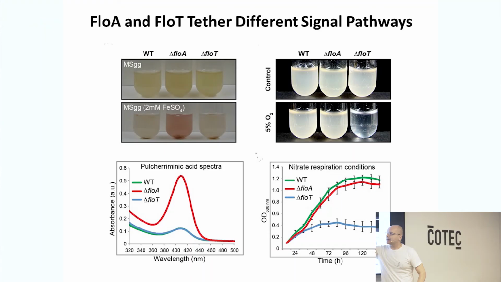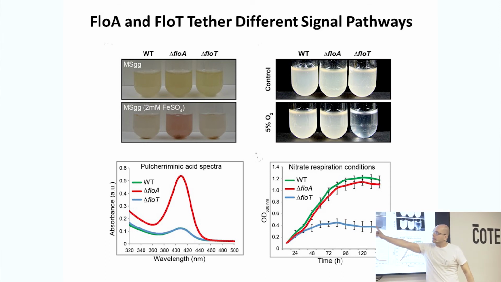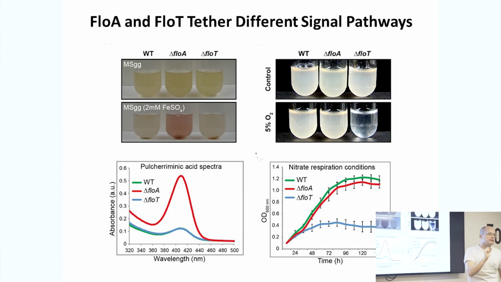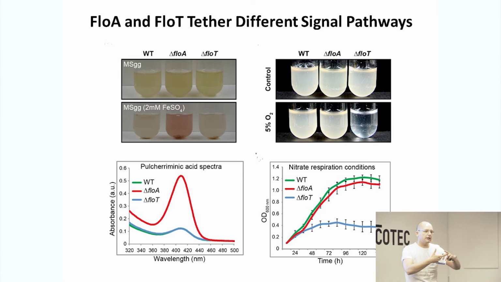So in this particular medium, you see the culture of the Flo-A mutant, and only the Flo-A mutant, gets pink. It gets pink because it produces some amino acids that dimerize and chelate iron, and it forms an artifact that is pink, called butyramine. In the literature, it says that it has no function in Bacillus.